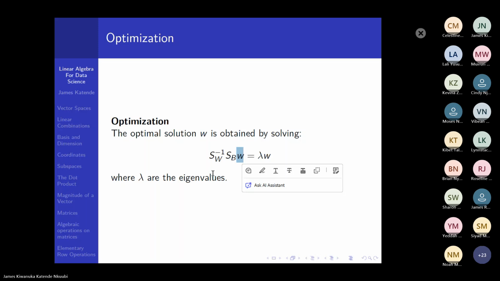So your solution is to find the eigenvectors of the product of these 2 matrices. Once you find the eigenvectors, the subspace generated by those eigenvectors, if you project your data onto it, you'll maximize the separation between the classes and minimize the variation within each cluster and make it easier to classify.